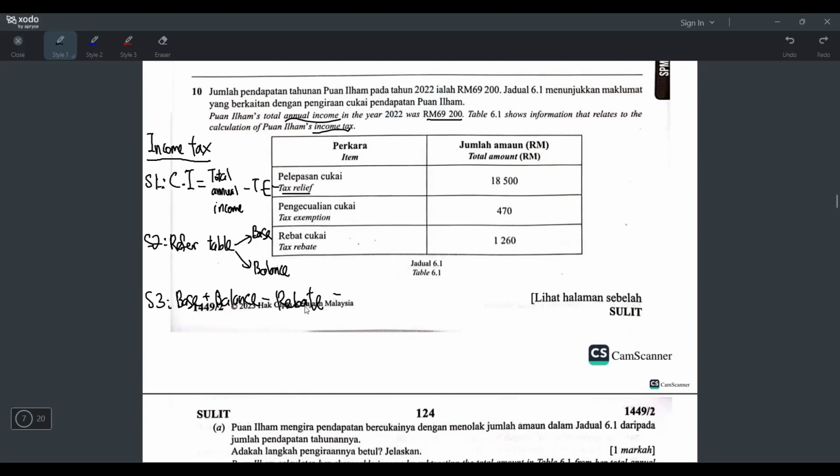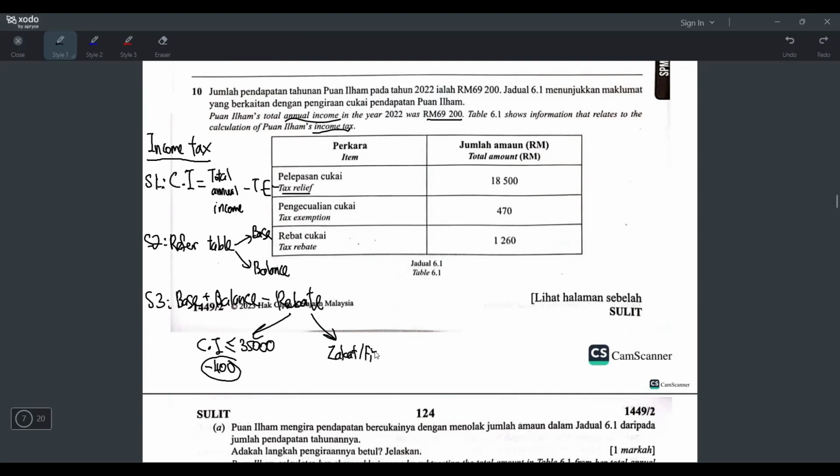Okay, let's talk about rebate. There's two types of rebate. First type of rebate is when your chargeable income does not exceed 35,000, tidak melebihi 35,000, dia boleh dapat rebate 400. And then another type of rebate is zakat ataupun fitrah.